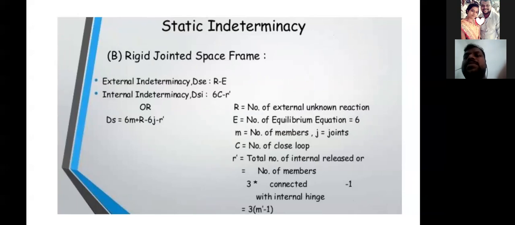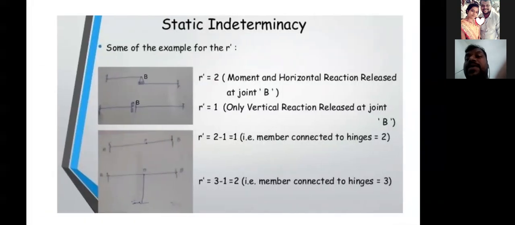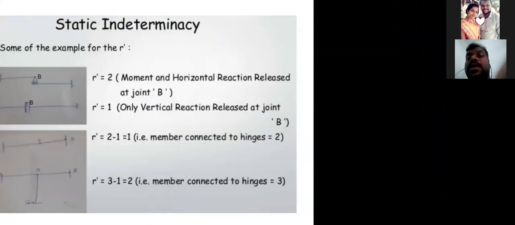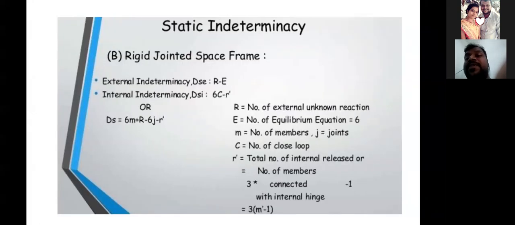Static indeterminacy for a rigid jointed space frame: external indeterminacy remains the same, R minus E, no change. Look here: this is a 2D plane frame, and here a space frame, a 3D frame, where it is 6C minus R dash.